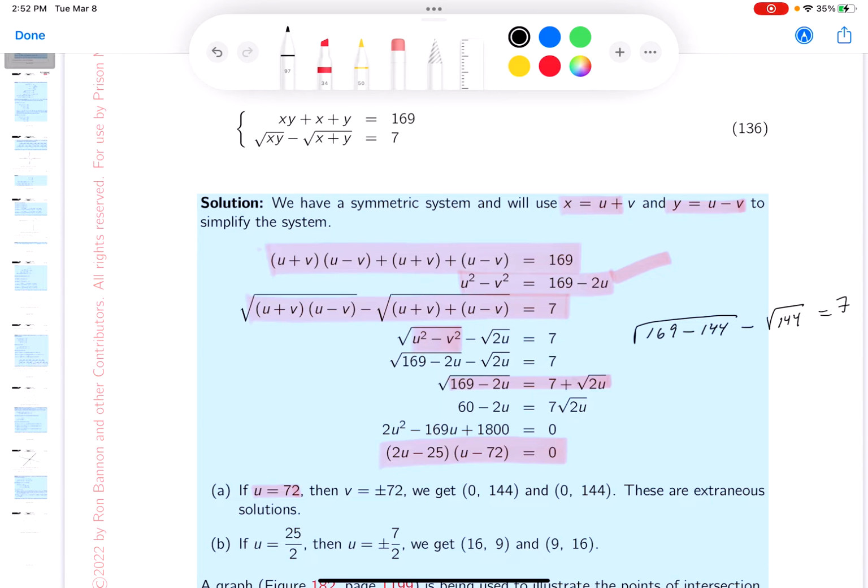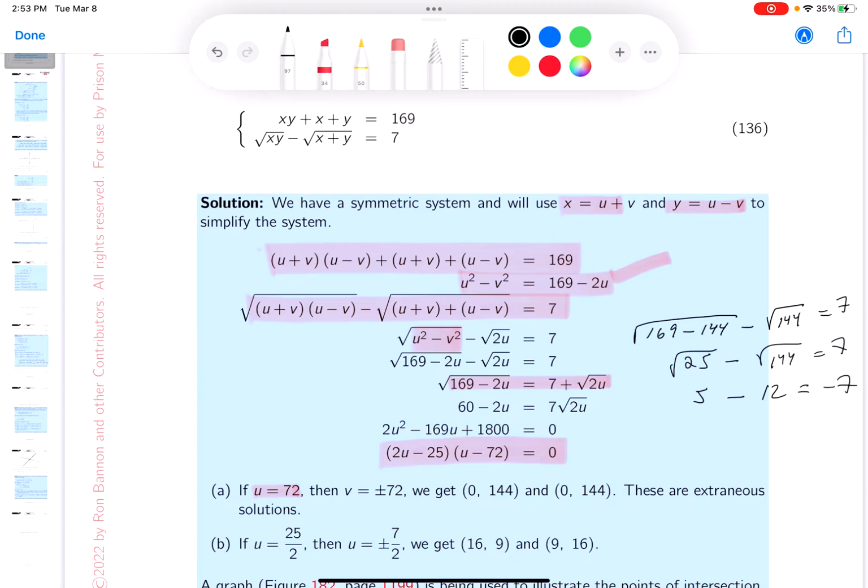What's 144? Well, gee, I got to be careful here, don't I? 169 minus 144, that's 25, isn't it? And this is going to be 144, and that's 7. That's 5 minus 12, and 5 minus 12 is not 7.